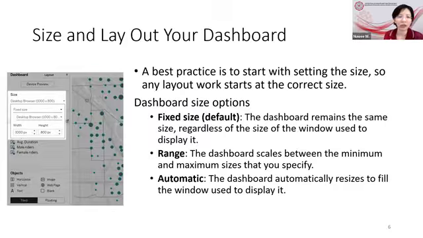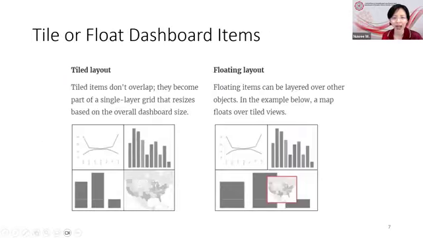Okay, and then the way you arrange the items in your dashboard has two ways. The layout could be tile or floating. Let's look at tile first. What does tile layout mean? Tile layout means that if you drop any item in your dashboard, it will snap to a grid, and once you resize some of your elements, the other elements will also resize.